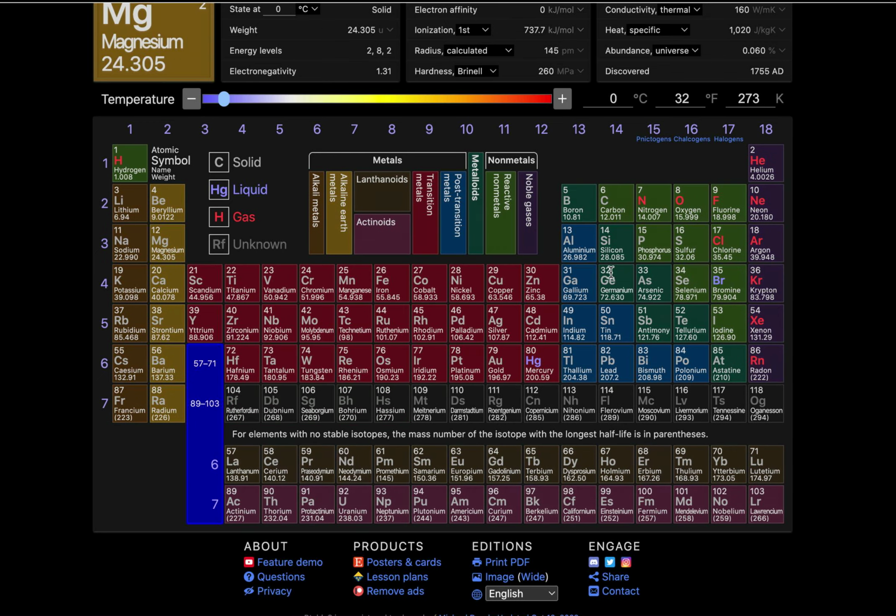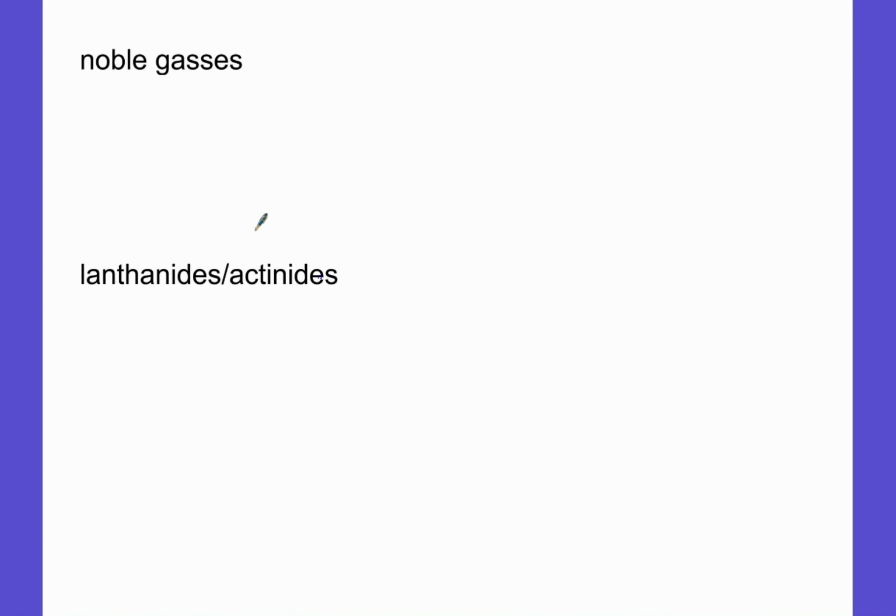So ultimately, every time we hit a noble gas, we'd start all over again, and you'd see those same properties repeating all over again, because bromine has the same number of valence electrons as chlorine. So noble gases just marked the end of a period. And they're at the end of the period because they have a full shell.